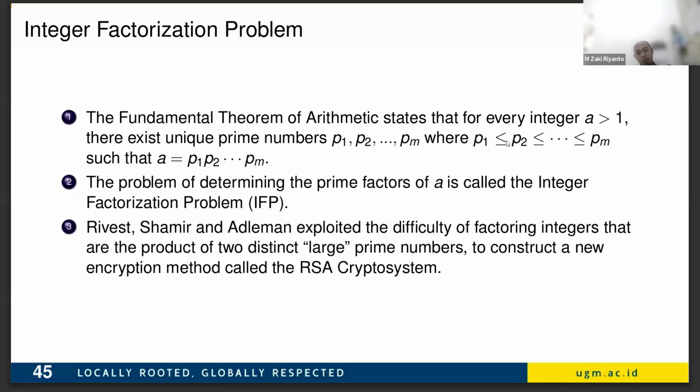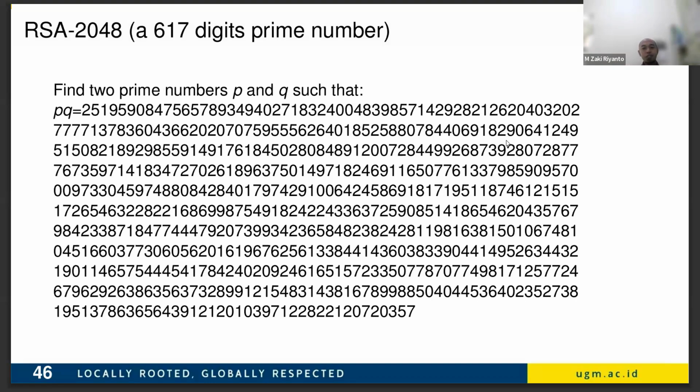And Rivers, Shamir, and Adleman exploited that problem to construct a new encryption method called the RSA crypto system. It is the first public key crypto system. Here's an example of very big integers.